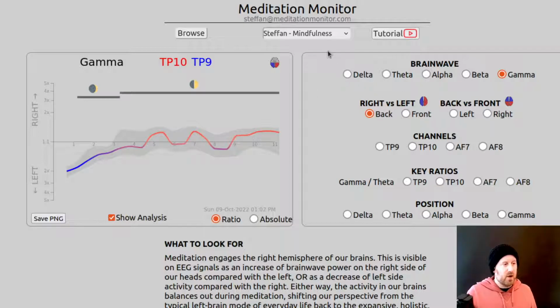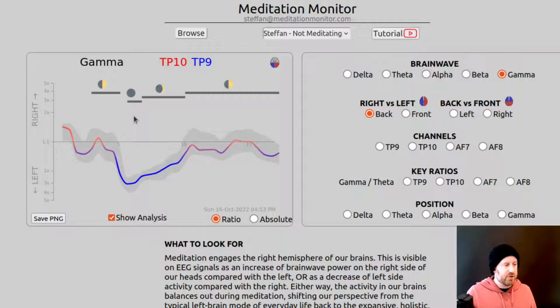So, for example, with not meditating, here's a good new moon example where there's an intensely left brain. Now, I was really focused on work, I think, at this moment. So this is a great sign of focus.